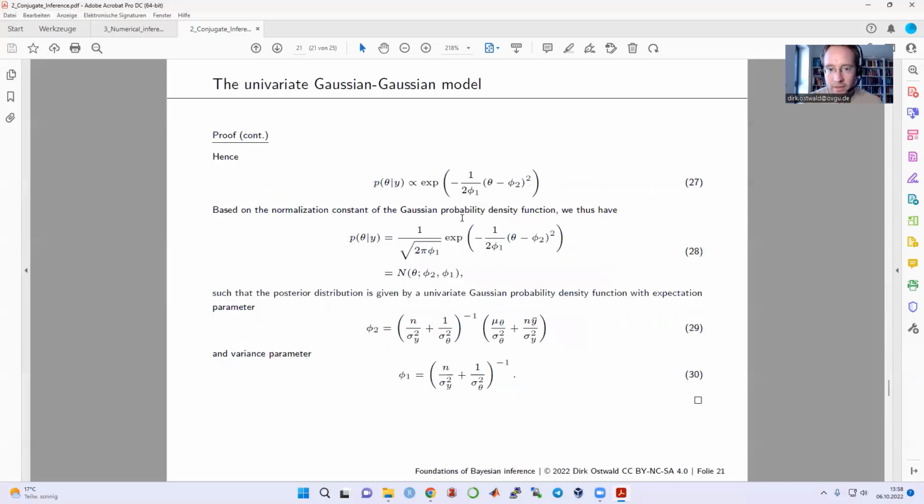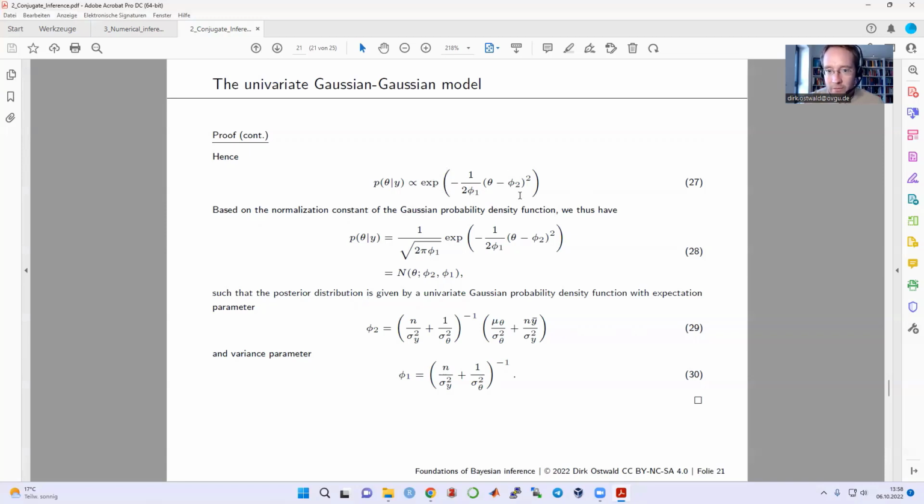The reason was that we rewrote this proportionality in this form: exponential of minus 1 to phi 1 theta minus phi 2. We could rewrite it like this because we defined phi 1 and phi 2 in a specific way.